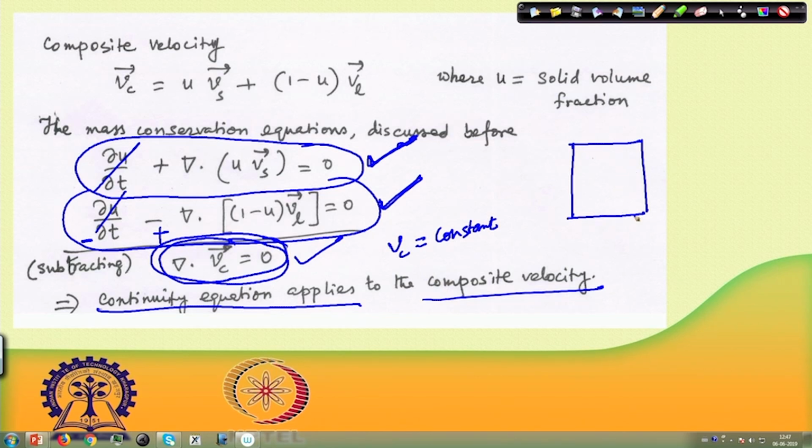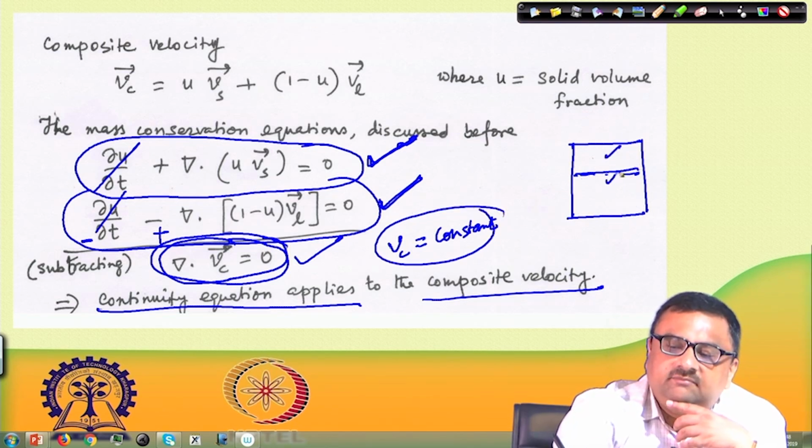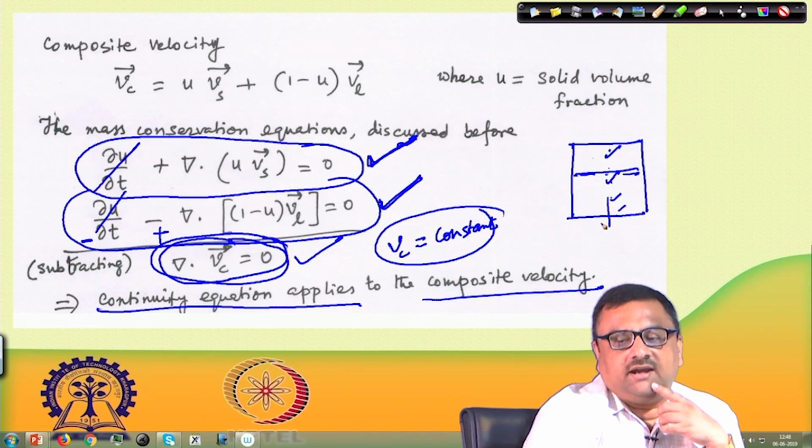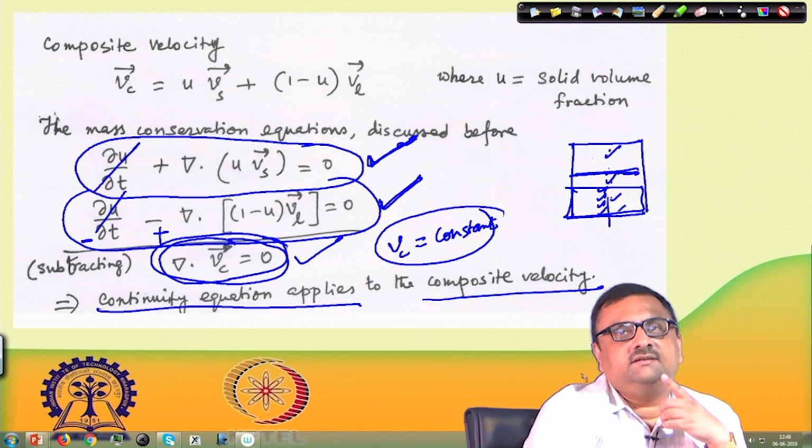If you are looking at a one dimensional problem, this is coming down, and after some time this becomes the porous medium volume, so this much is compressed. You can assume that this entire process is happening with the same composite velocity at every point on the porous medium. So at any time, the composite velocity at every location is constant.